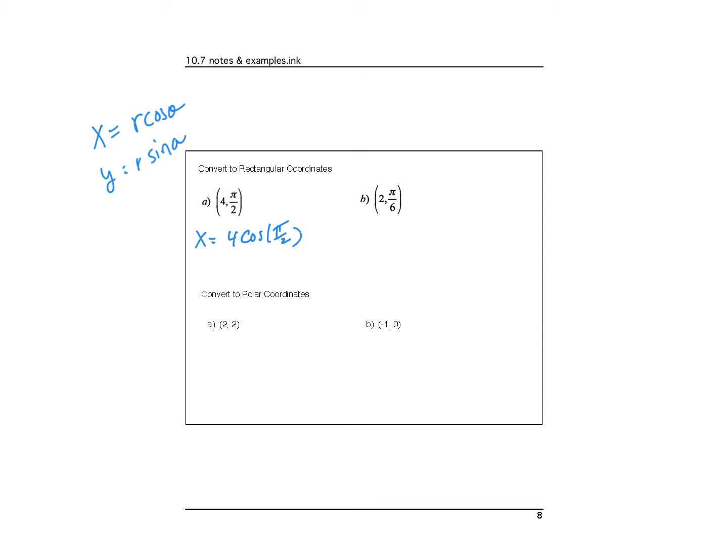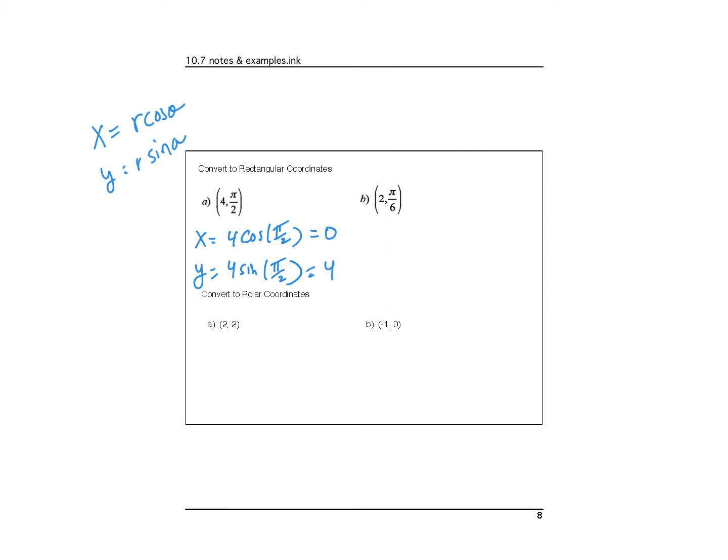Cosine at pi over 2 is what? 0. So then it's just 0 for that coordinate. Y is equal to 4 sine at pi over 2. So we get a 4.